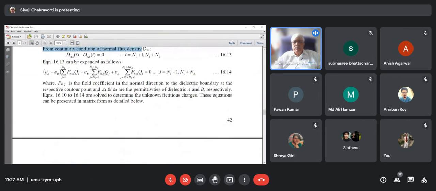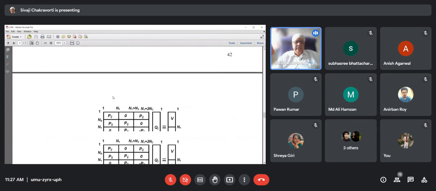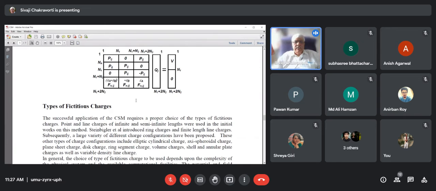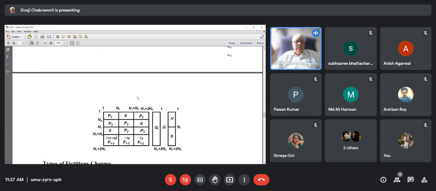And in equation 16.14, all the terms are present. So the first term is epsilon a minus epsilon b into Fnij. This is for j is equal to 1 to n1. Again, if you look at it, epsilon a minus epsilon b into Fnij, that's exactly the first set of columns.